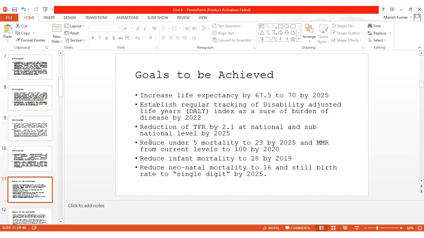Reducing under 5 mortality to 23 by 2025, and maternal mortality to 100. And how much is your under 5 mortality rate? As per NFHS 5, our under 5 mortality is 30.